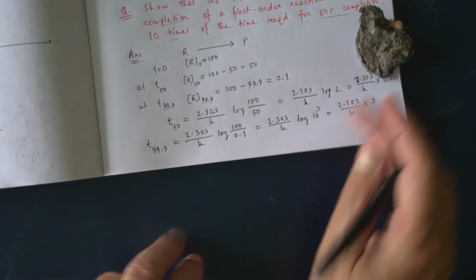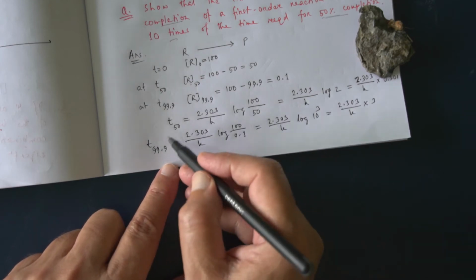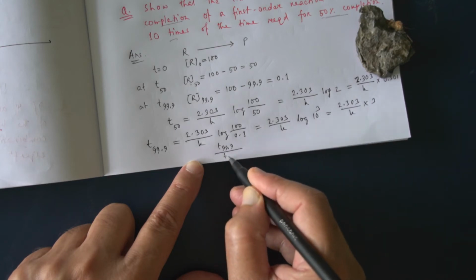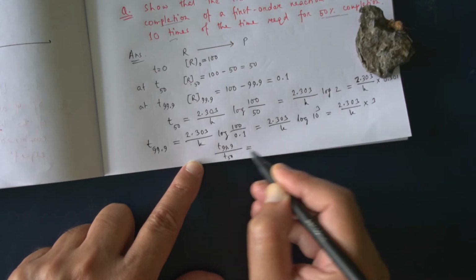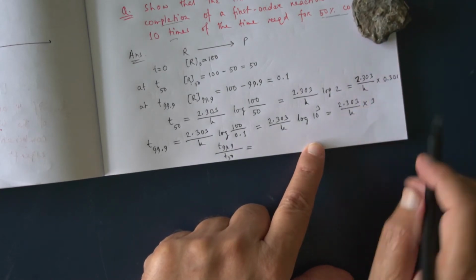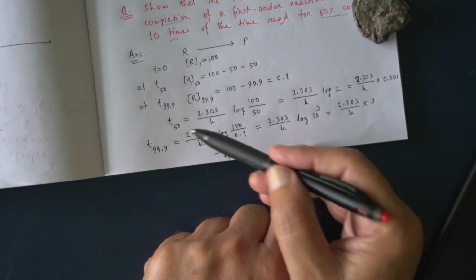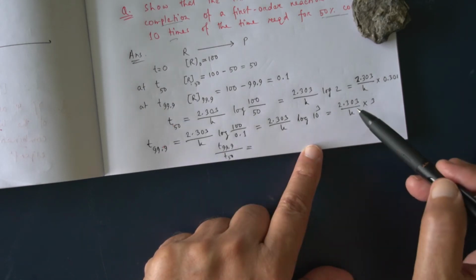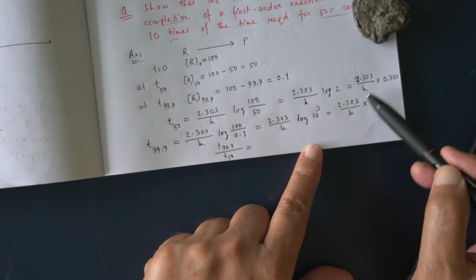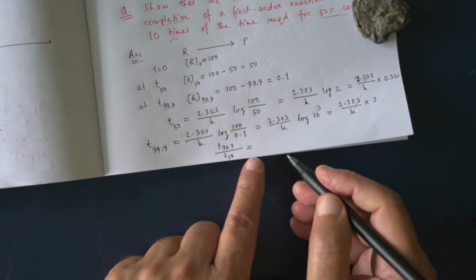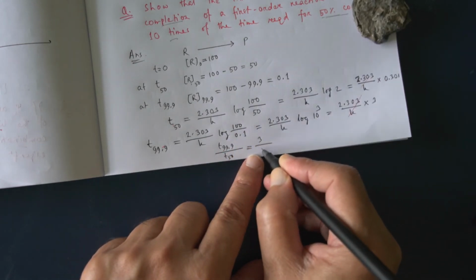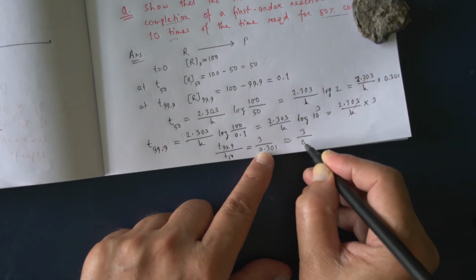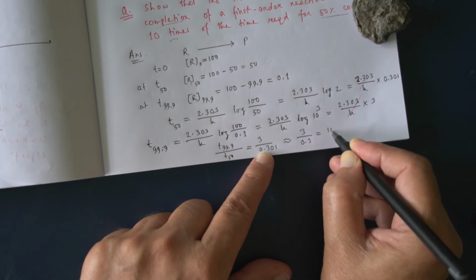Now if you take this ratio, T99.9 over T50, this will cancel. So this divided by this, this will cancel. Then this will be equal to 3 by 0.301, that is approximately 3 by 0.3, so this is equal to 10.